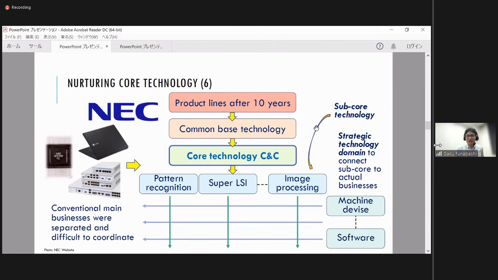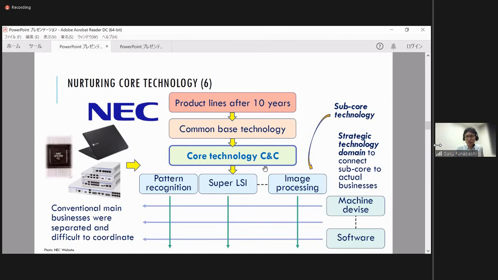First, they imagined what kind of product lines they would have after 10 years. Based on this future forecast, they set the common base technology, and with this common base technology, they considered what their core technologies are.